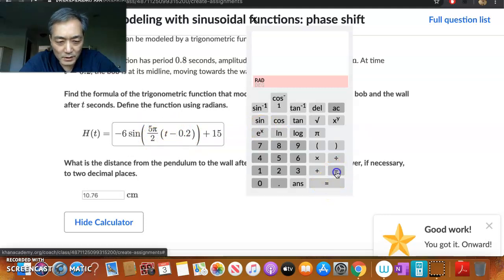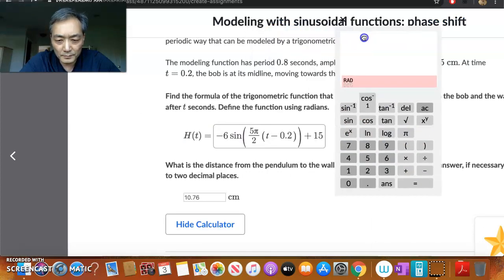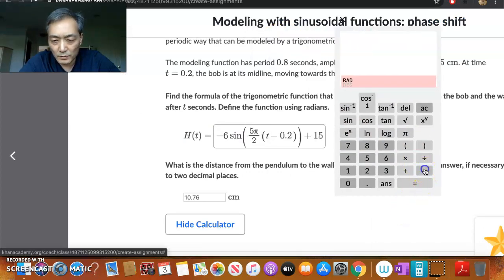So again, let me just see if it'll give me an answer here. -6 sine parentheses. This is 1.5 pi, right? 1.5 times pi divided by 2.